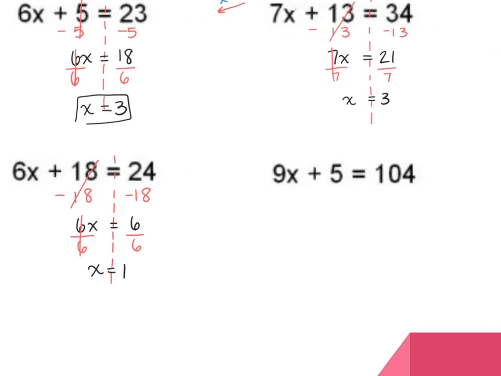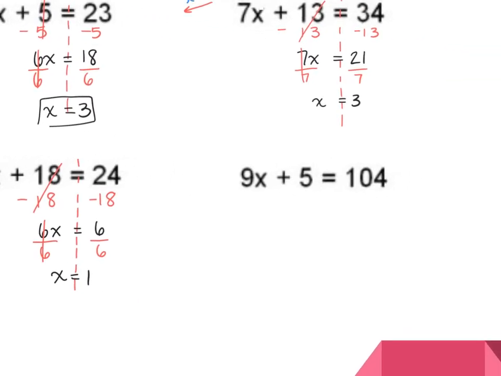It works. And then last but not least, multiplication then addition is happening to our x. We're going to work backwards. Subtract 5. When I subtract 5 from 104, I get 99.